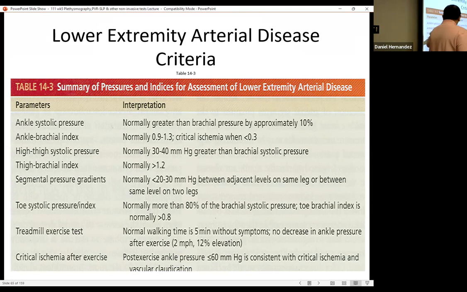Normal high thigh to brachial index, so when we look at those pressures with the high thigh should normally be greater than 1.2. That will help us when we start looking for potential aortoiliac disease, when we get indexes less than 0.9.